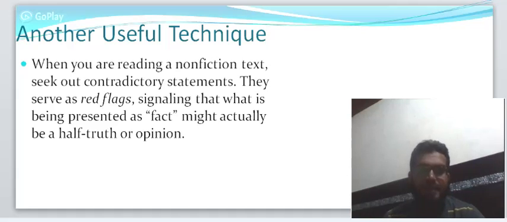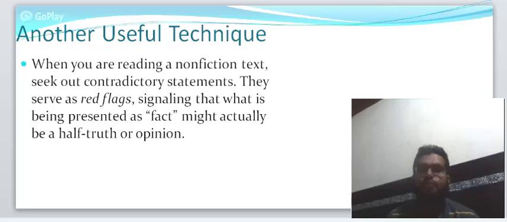So as a reader, you cannot afford to be deceived, because at the end of your reading you will be drawing conclusions. So you should not be a naive reader who can easily be manipulated and made to believe anything.